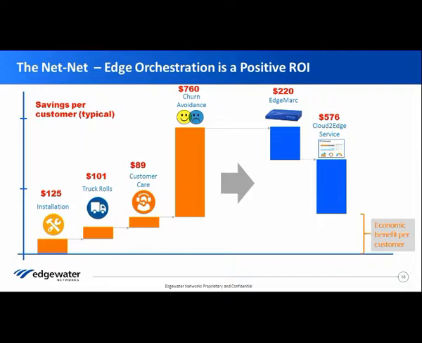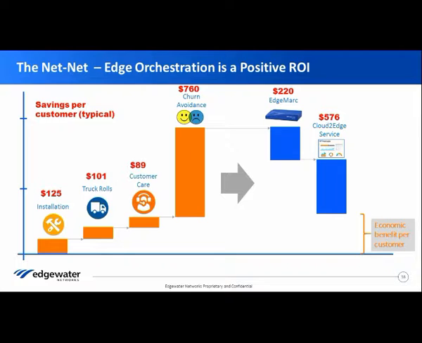So that $101 is representative of a single customer's economic benefit, the cost divided by the number of customers, if you will. So as you think about installation and truck rolls and customer care, and certainly churn avoidance, if you can move your churn number by even a small amount, there are massive dividends on a per customer basis.